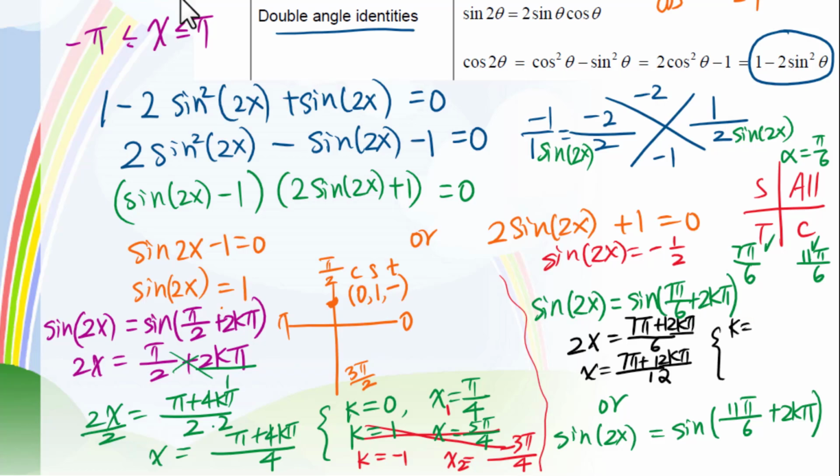When k equals 0, x3 equals 7 pi over 12. When k equals 1, it's out of domain. When k equals -1, x4 equals -5 pi over 12.